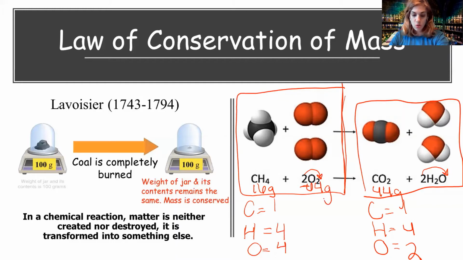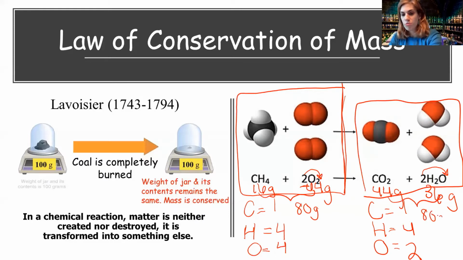And the 2 water molecules over here have a total mass of 36 grams. If we were to add that up on each side, you would see that you end up with 80 grams for your reactants, as well as 80 grams for the products.